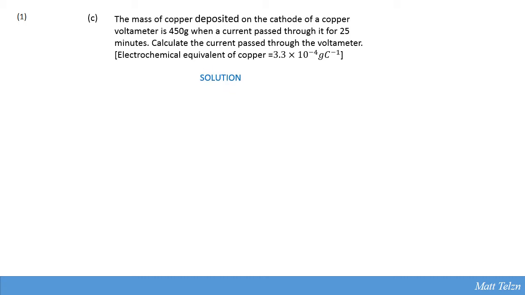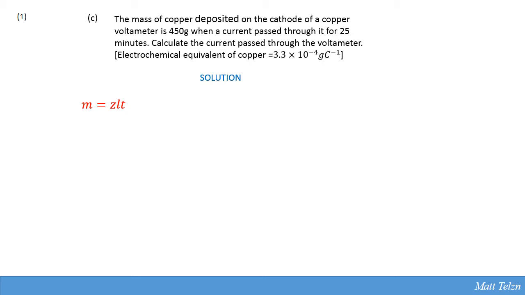It's very important, and this is the first calculation we are looking at, so please pay attention so that you know where marks are allocated in our solution. First thing is you write your formula. The formula: mass is equal to Z I T. The Z here is our electrochemical equivalent of the copper.